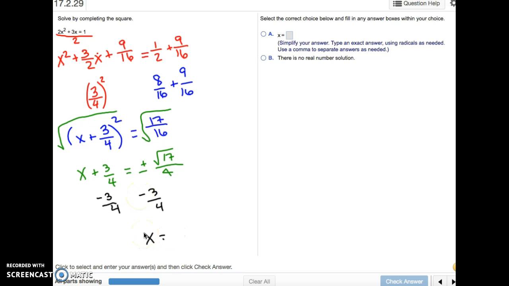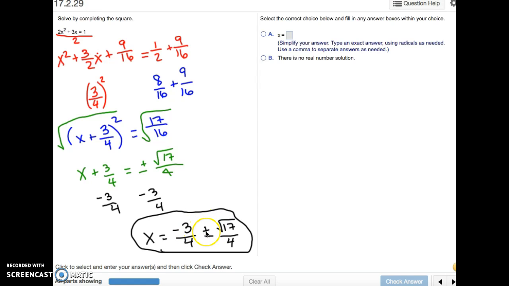And as I did before, -3/4 plus or minus radical 17 over 4. And those are going to be your two answers. You enter it once with the plus sign and once with the minus sign.